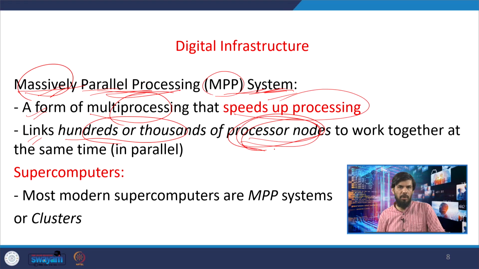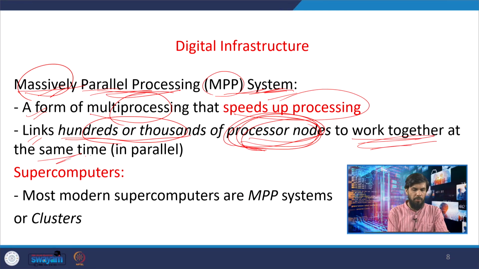So they have more than processing capability, to support the node and the processing. It links hundreds or thousands of processor nodes to work together, because you are working on big data or other large tasks, working together at the same time, that means in parallel, right. If we look at modern supercomputers, most of them are actually MPP systems or clusters.